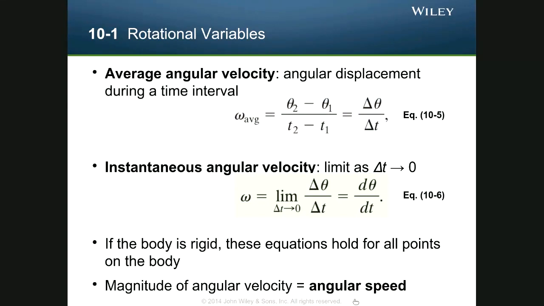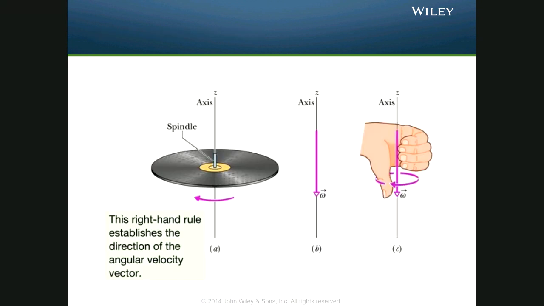Now, looking at these as vectors gets a little complicated, all right? We're going to have to use our right-hand rule, hopefully for reasons that become obvious as we go, but it's not going to be obvious right now. But basically, the angular velocity is oriented perpendicular to the plane of rotation, all right? If you use your hand to curl down, to rotate with your body, and you close it and you stick your thumb out, that will give you the direction of your angular velocity vector.